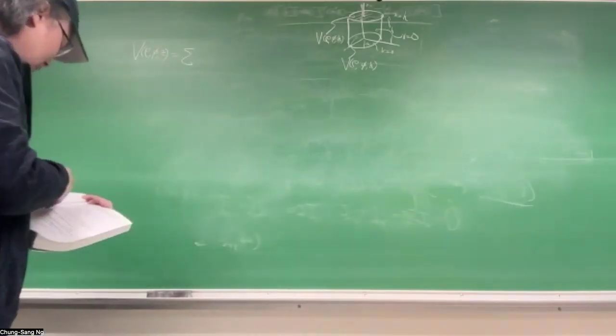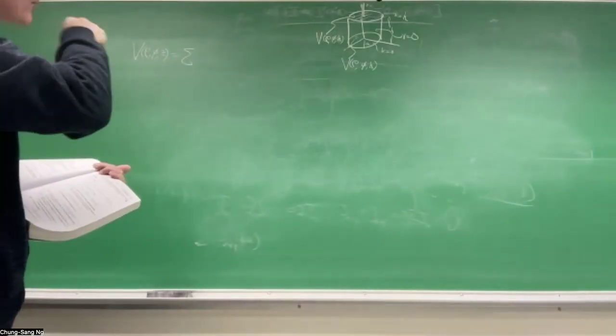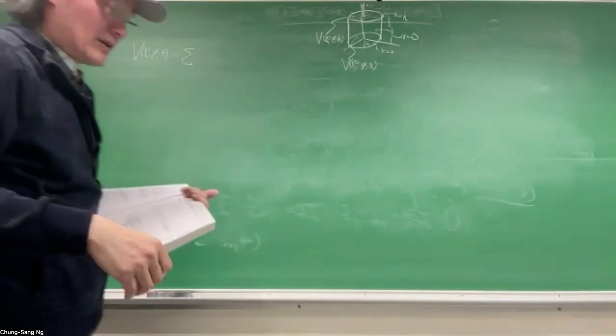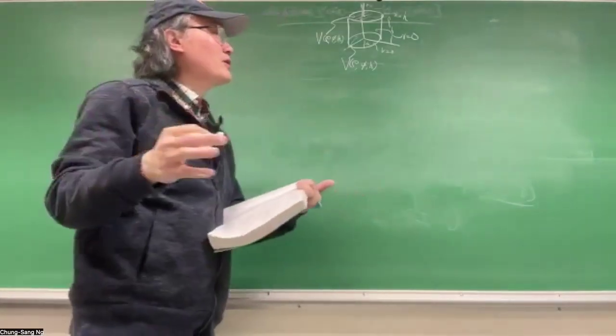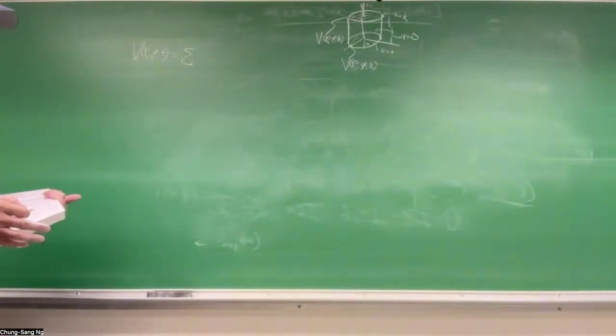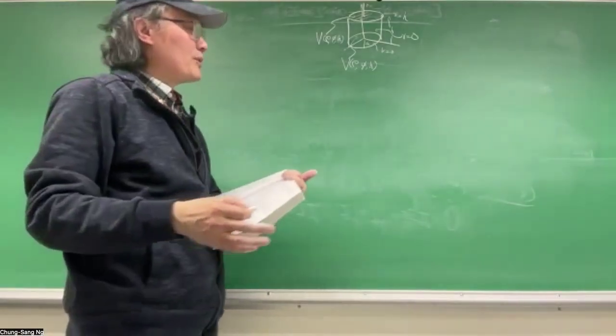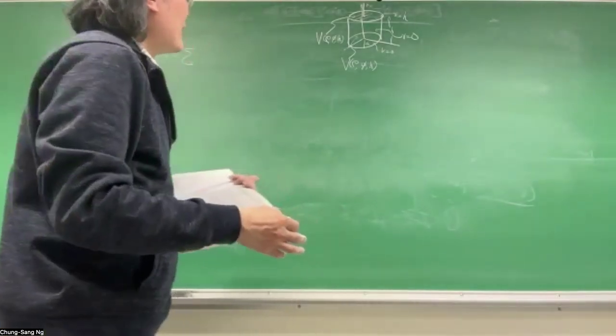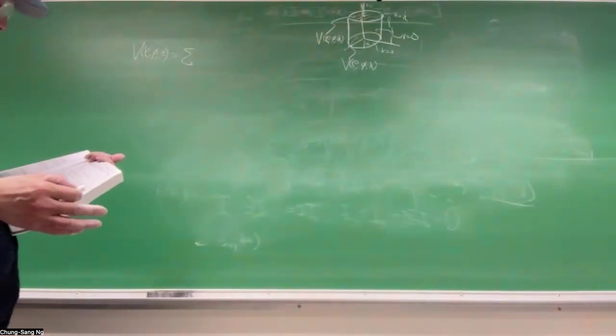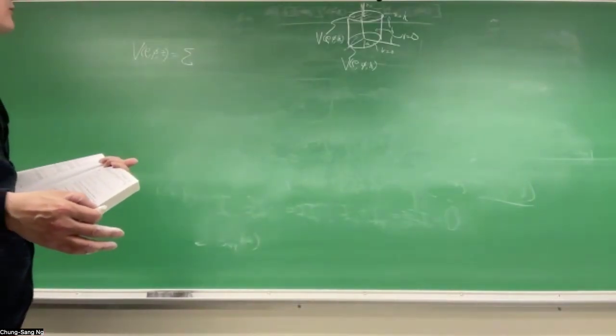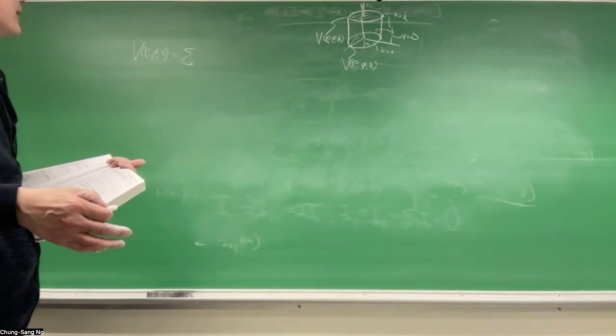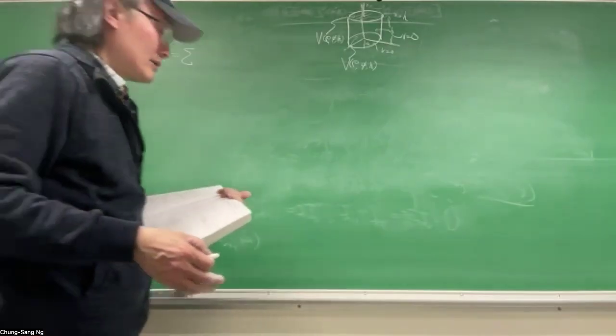The separable solution has 3 parts. One is the rho part, the radial part. For the radial part, we showed that it ends up being a Bessel equation, and the order of the Bessel equation actually depends on the azimuthal part. And then the z part.